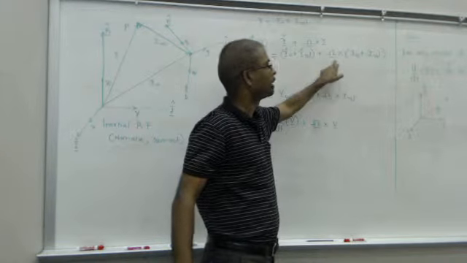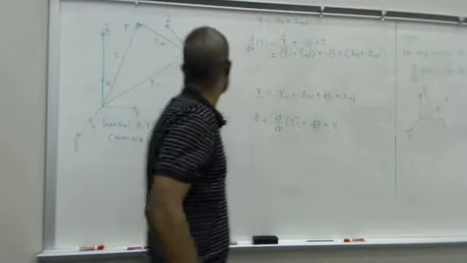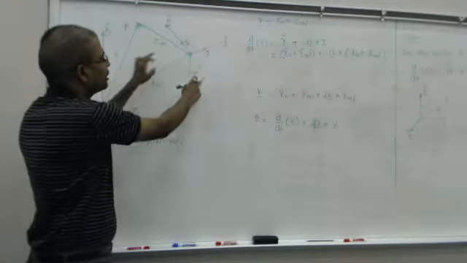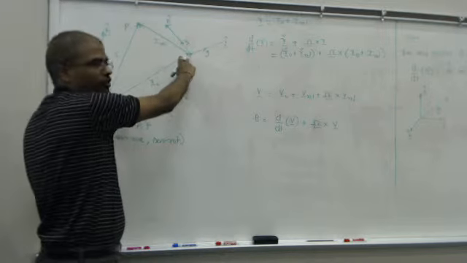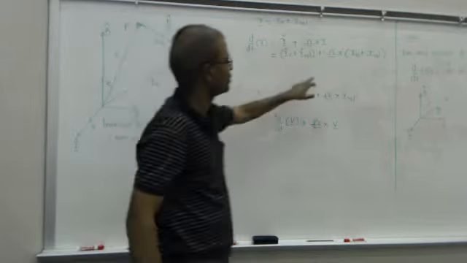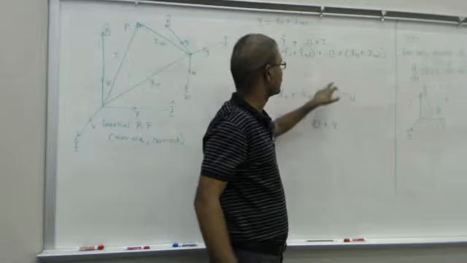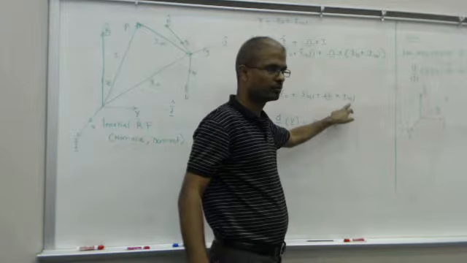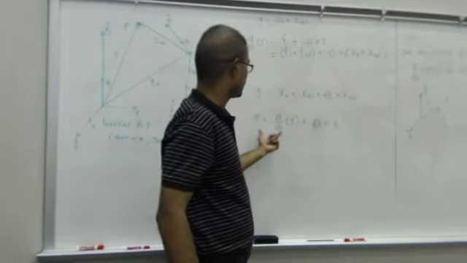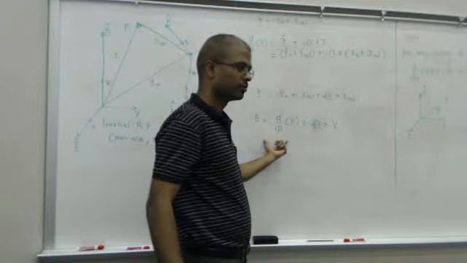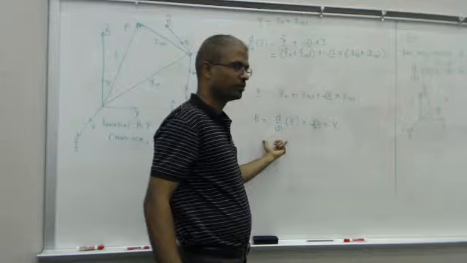If you're looking at omega and R naught, this is not changing in this frame, regardless of how it rotates. So this is 0. Now you do the same thing for acceleration.